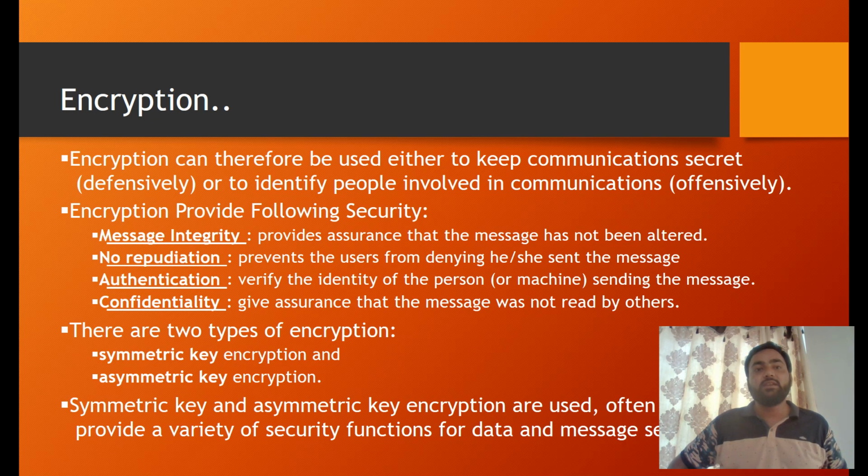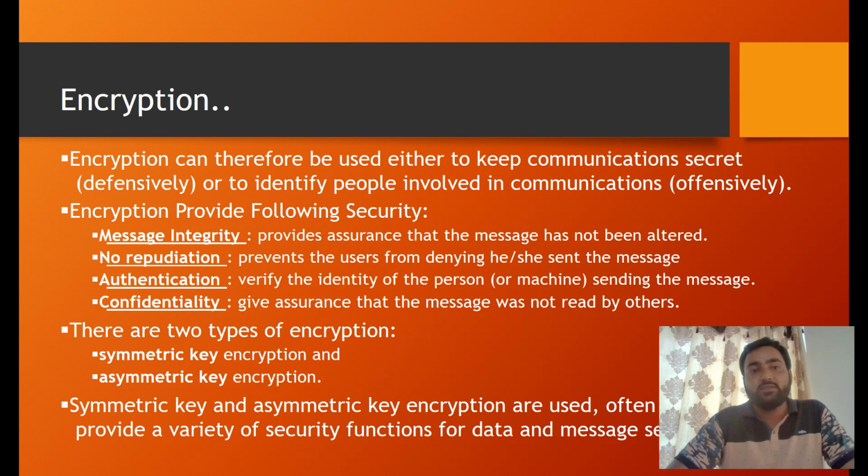So basically, encryption is used to keep communications secret or to identify people involved in communication, that is, who are the people actually interacting in the communication process. So it provides security in basically four major categories.